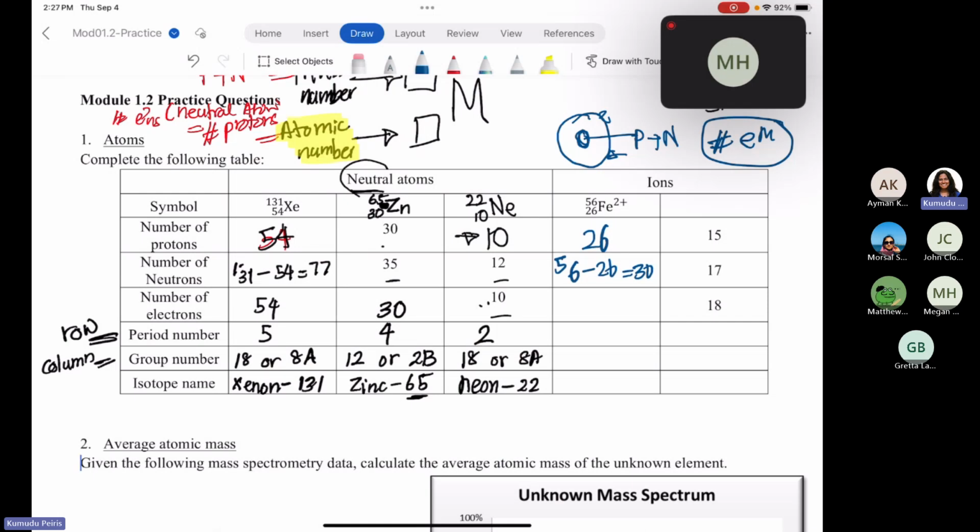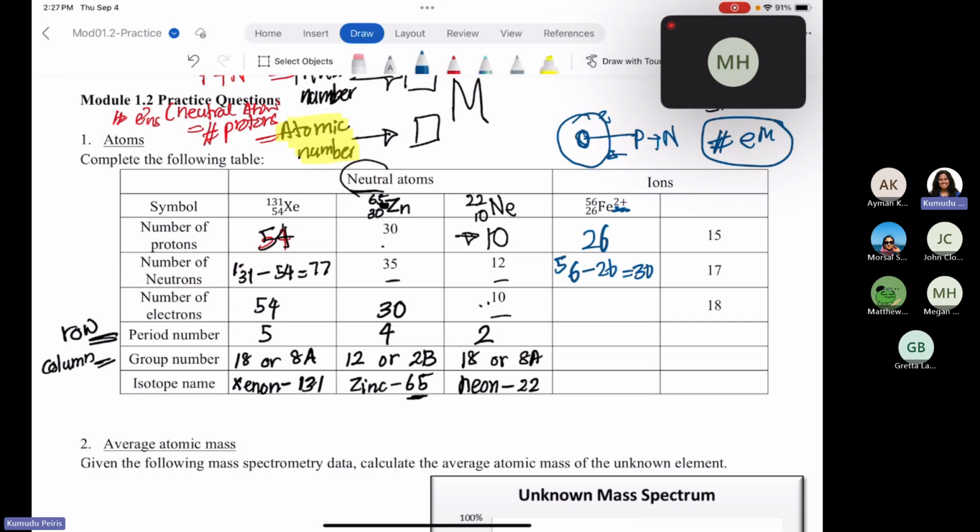Right. And the number of electrons. Now it has 2+ charge. What does that mean? How can we make a positive ion? A positive ion is made by losing electrons. So a positive ion means it has more protons than electrons.